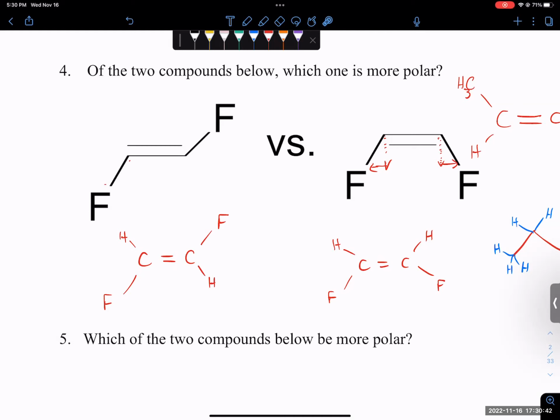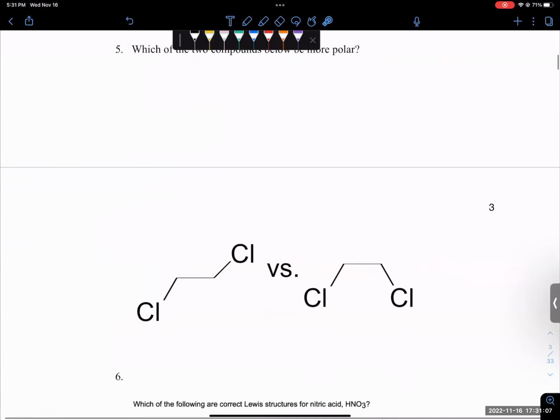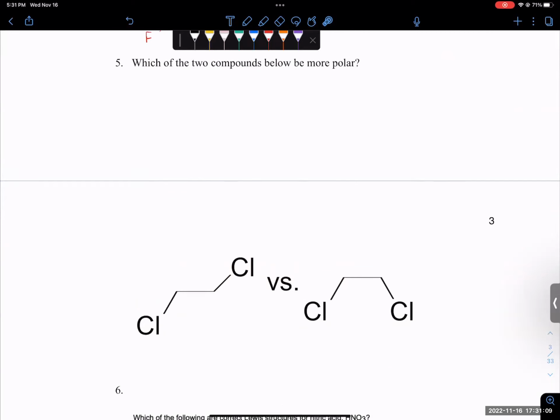That pi bond keeps these atoms in their spaces. Just like if it's cis, it's always going to be cis. You can put it in a bottle, put it on a shelf, and when you come back, it'll be cis. They'll never interchange from cis to trans because that double bond restricts free rotation around these carbons, or this bond. Right, so looking back, what do you all think about this?